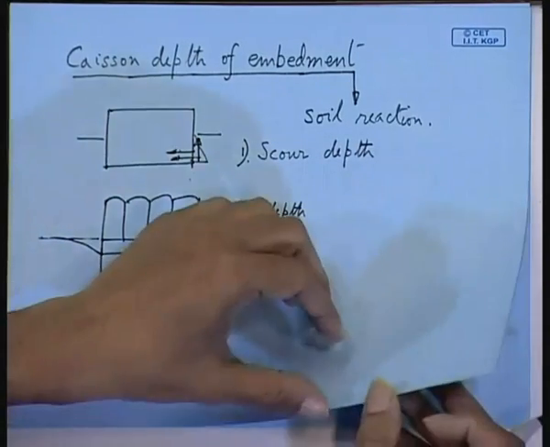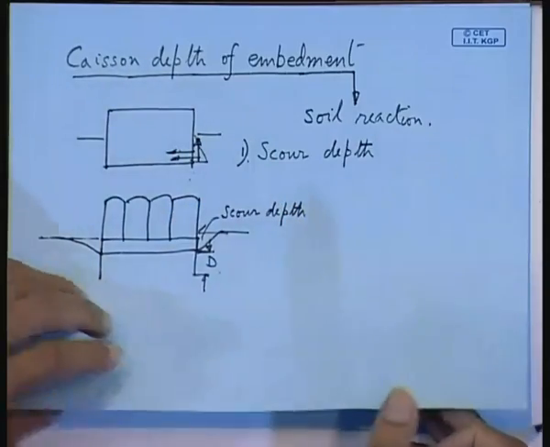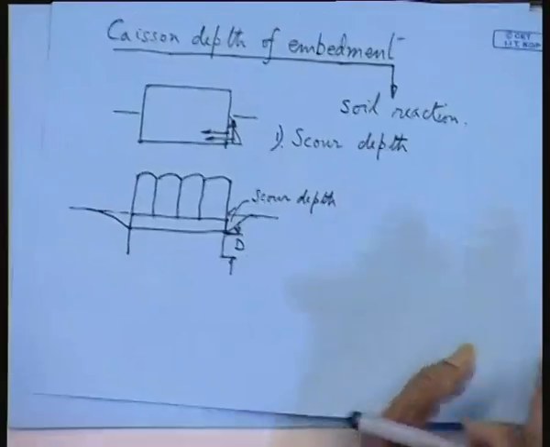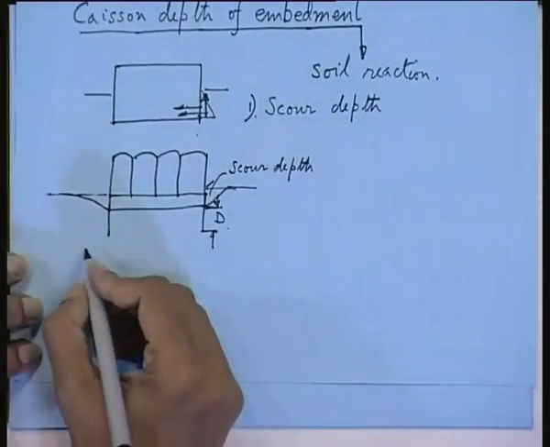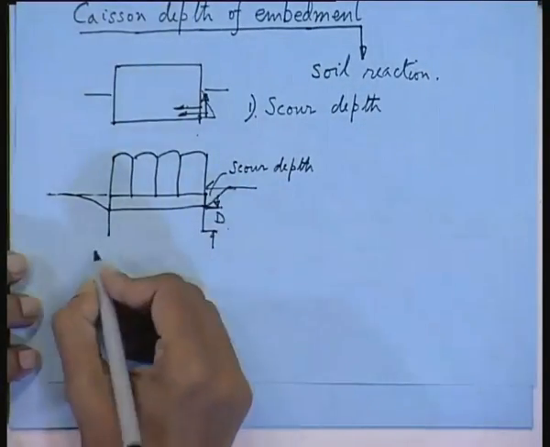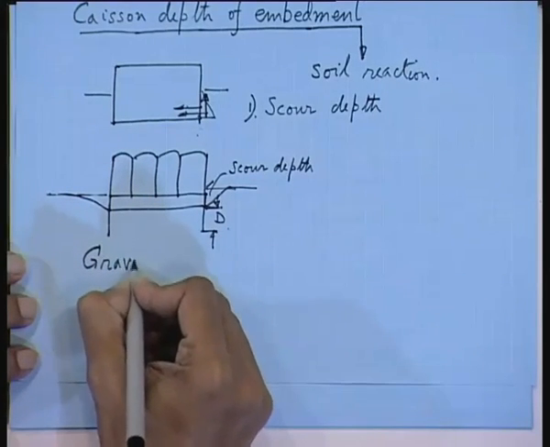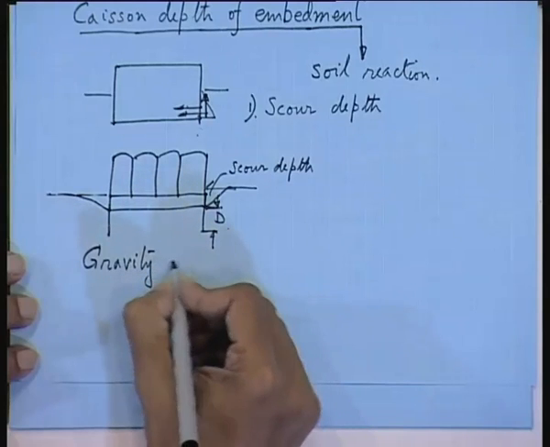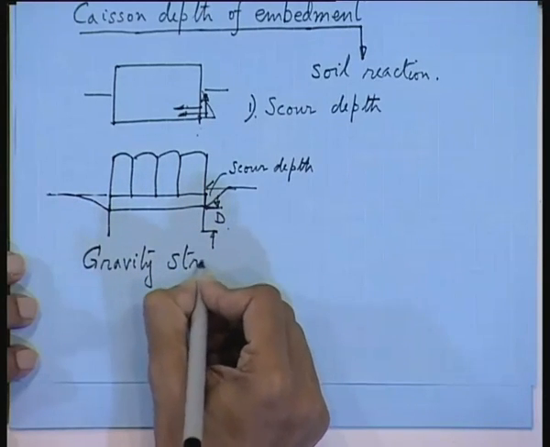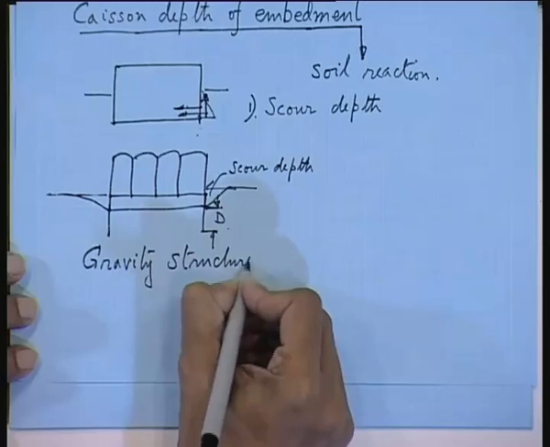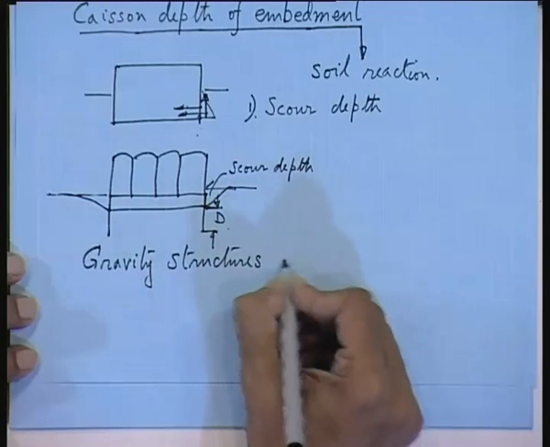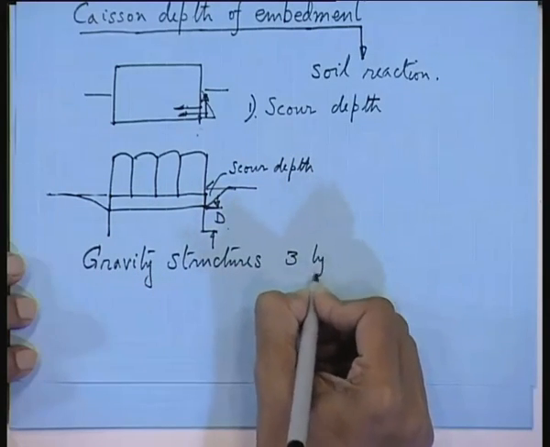Now, the other part of the structure which is normally important: we will find there are three types of gravity platforms. You can see in the diagram, I will show you. Gravity structures, three types.